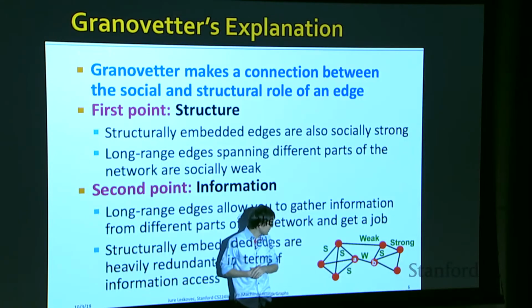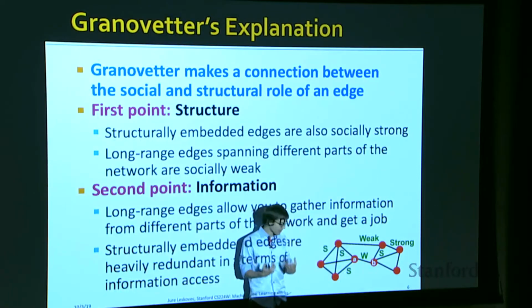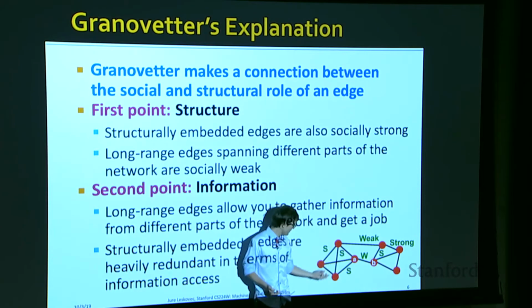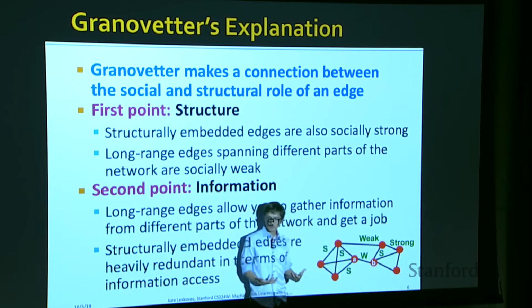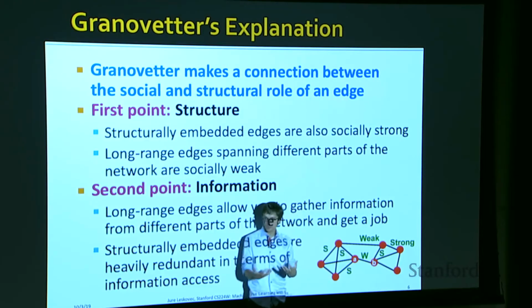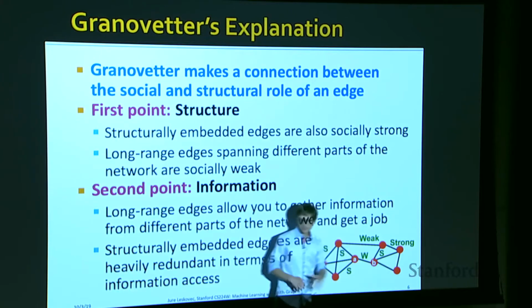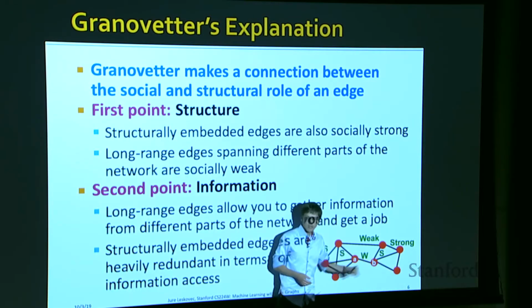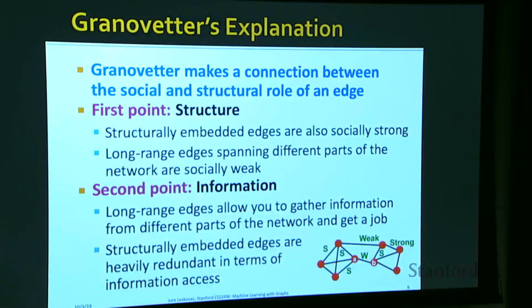If you think about node A in this little picture, these edges are very redundant, because anything I hear from this person, I can also learn from that person. But these are the edges that are socially strong. And the edges that allow you to access some other distant part of the network are socially weak, but they allow you a long-range connection.